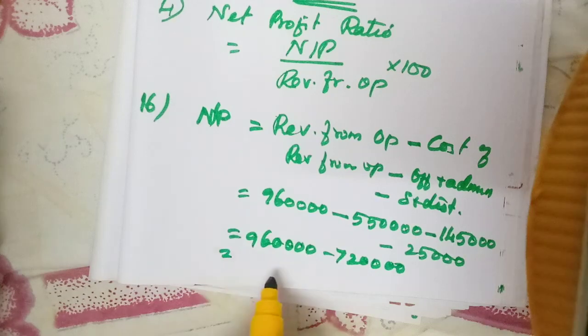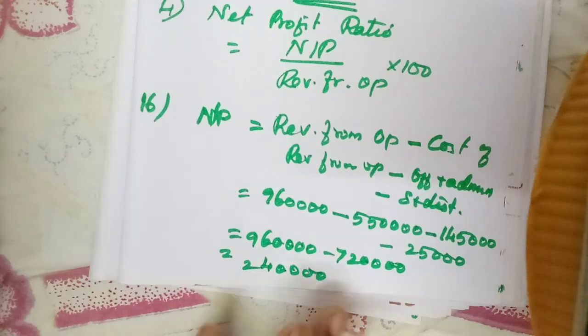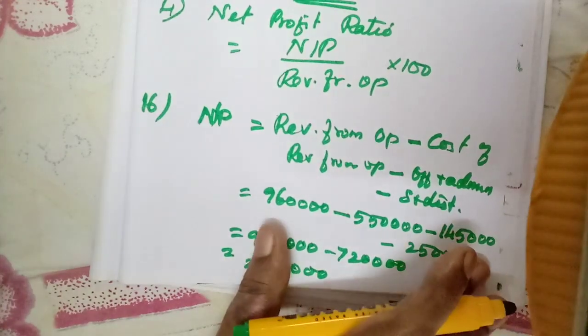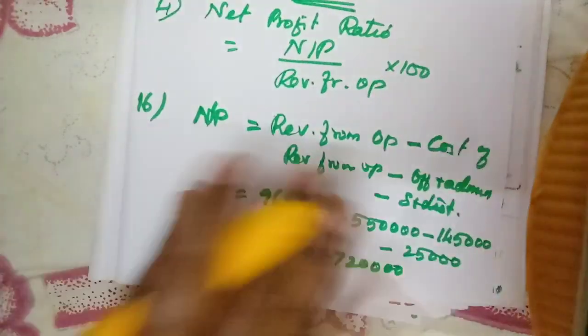So here, 2,40,000. Now we need to calculate the net profit ratio. Net profit 2,40,000.